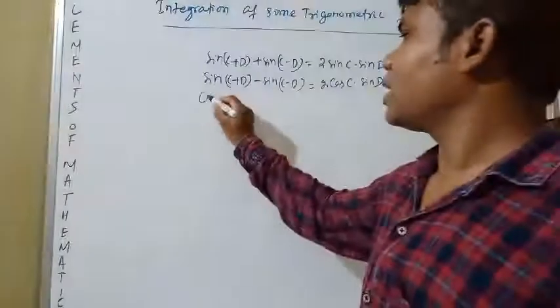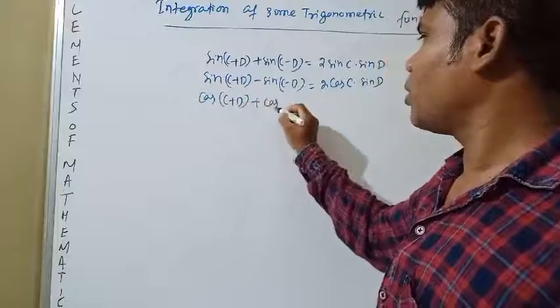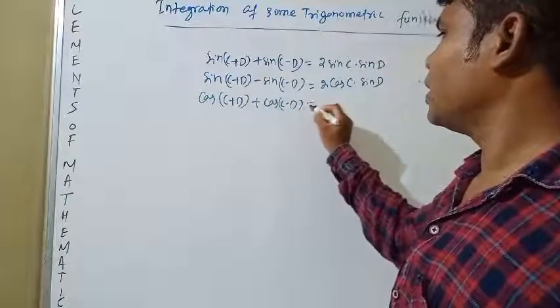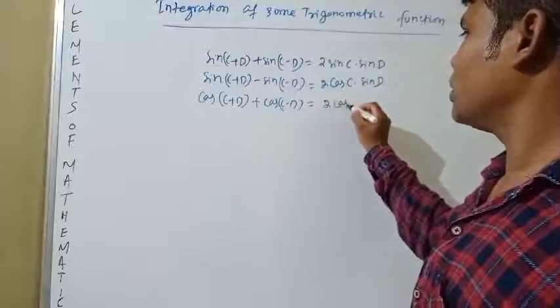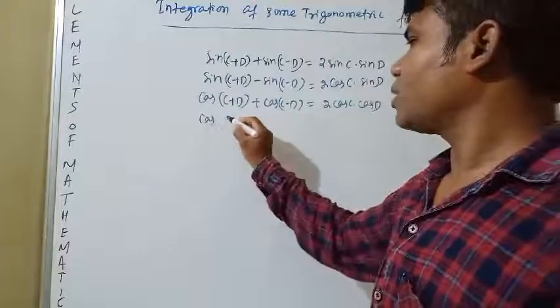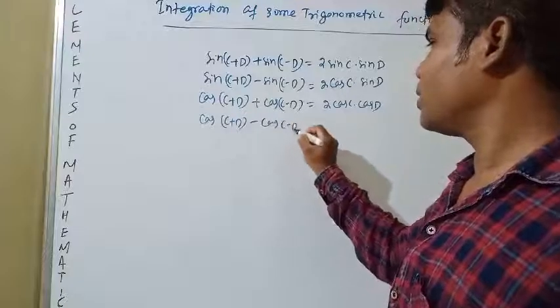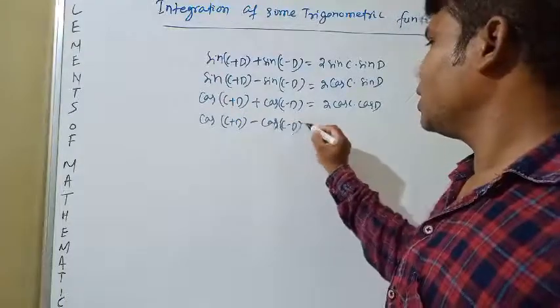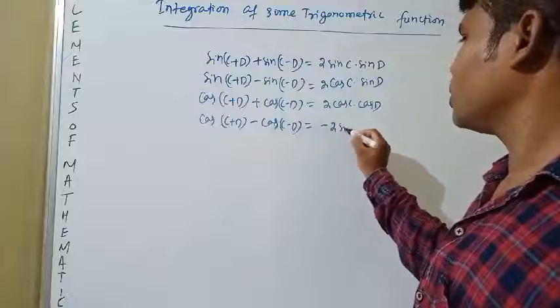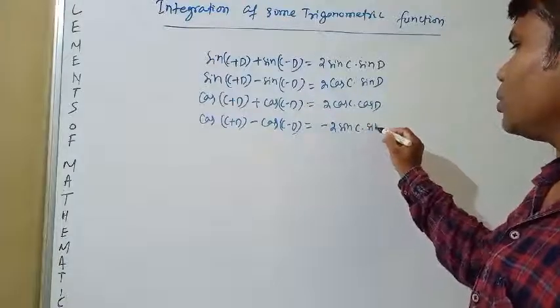Next, cos(c+d) plus cos(c-d) is equal to 2 cos c into cos d. The last one is cos(c+d) minus cos(c-d) is equal to minus 2 sin c into sin d.